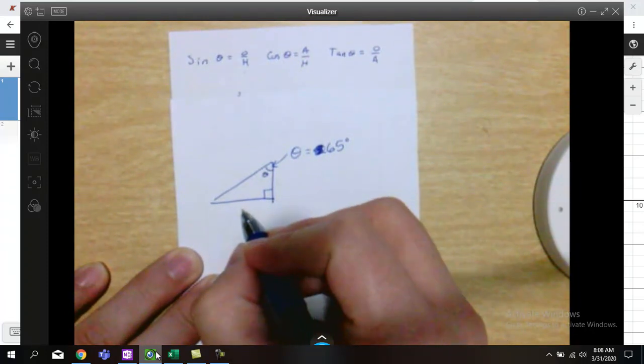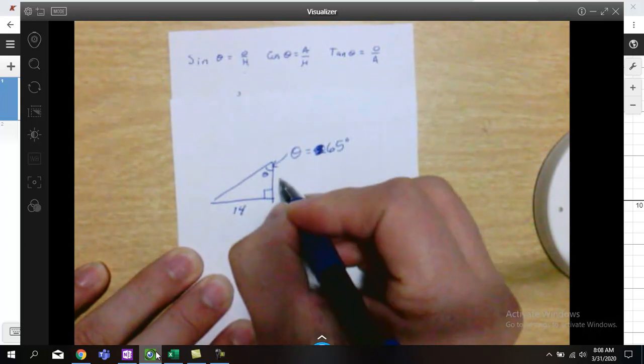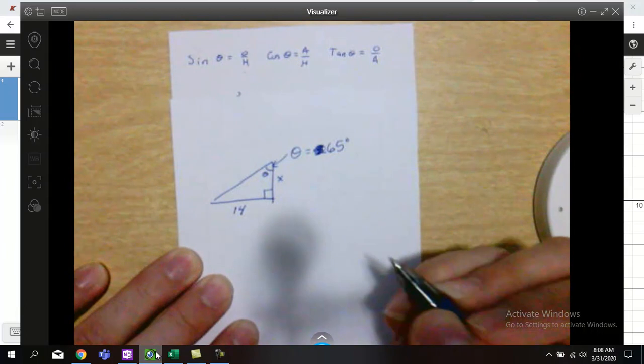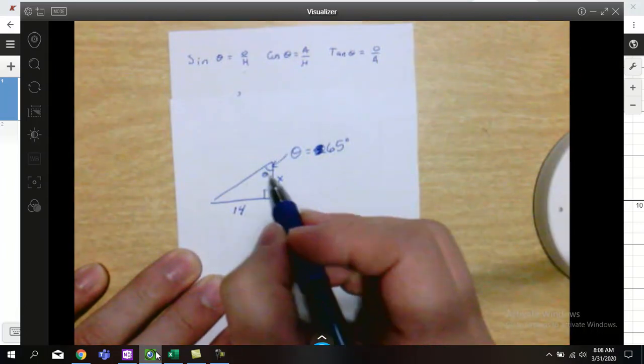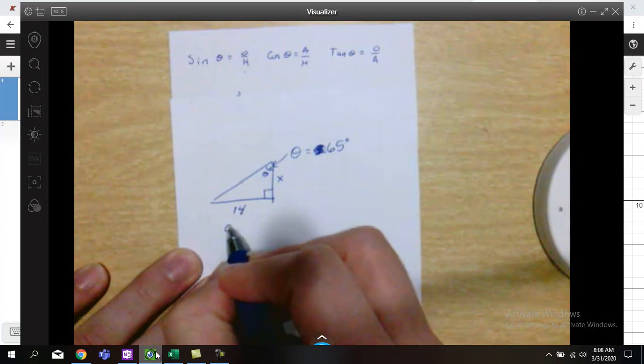The opposite side is 14, and I'm looking for this side here. From our theta position, the opposite side would be the 14.